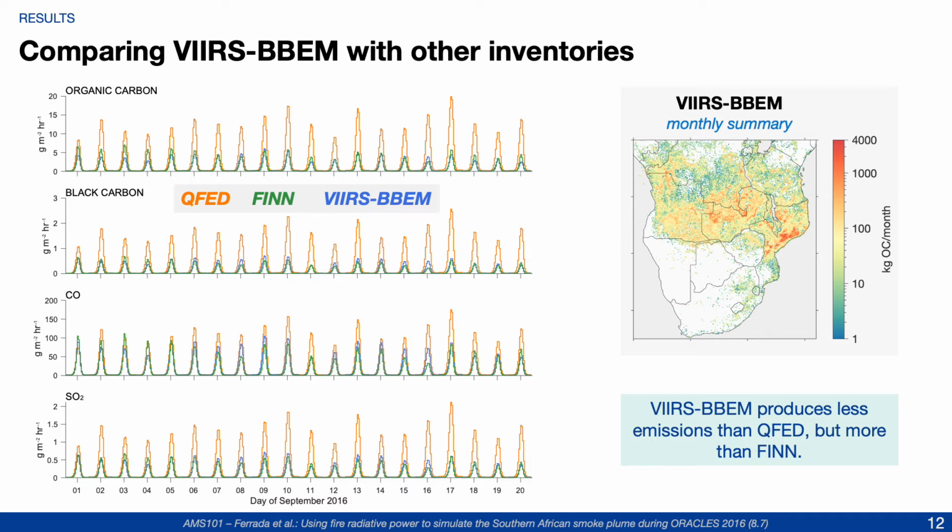We also included FINN emissions in green, just to see how our inventory deviates from these two widely used inventories. It is evident that VIIRS BBEM generates less emissions than QFED in all these four species, but with smaller differences when compared to FINN, even though FINN emissions are generated using a bottom-up approach. Overall, our custom emissions fall between QFED and FINN.